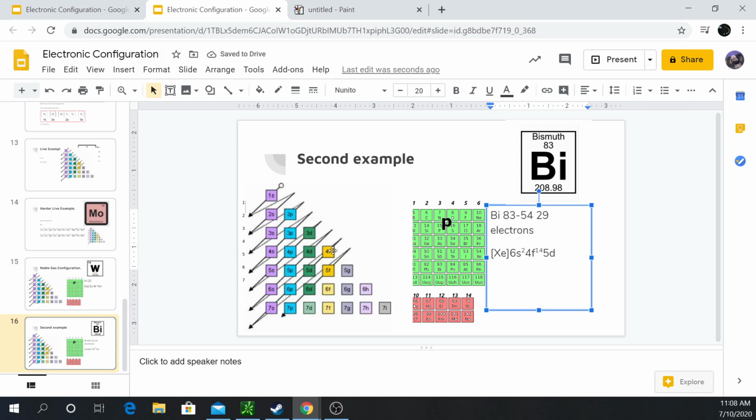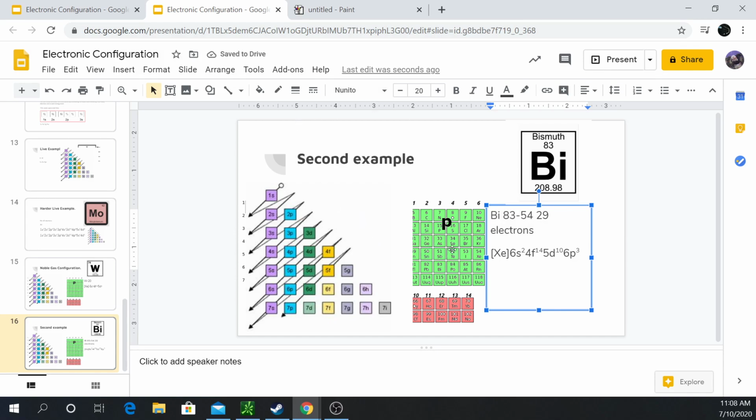And that holds up to 10, which means that we've now used 26. Okay. After 5D, we have 6P. And 6P can hold 6, but we've used 26. We only have 3 left. So we put a 3 there.